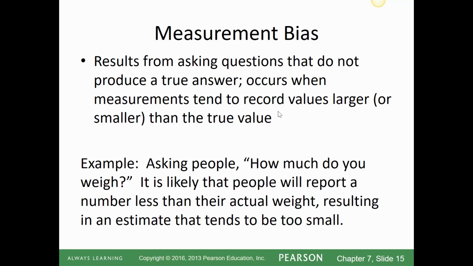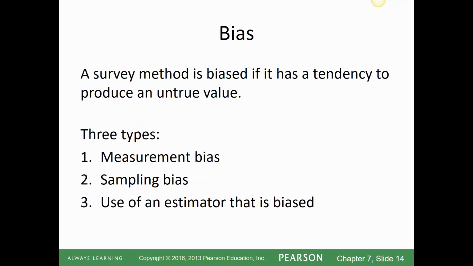One thing to note, which was also discussed in the book, is that bias here is different than how you typically would use that word, right? If we go back to the last slide, bias is when something has a tendency to produce an untrue value. It's not necessarily someone's opinion.